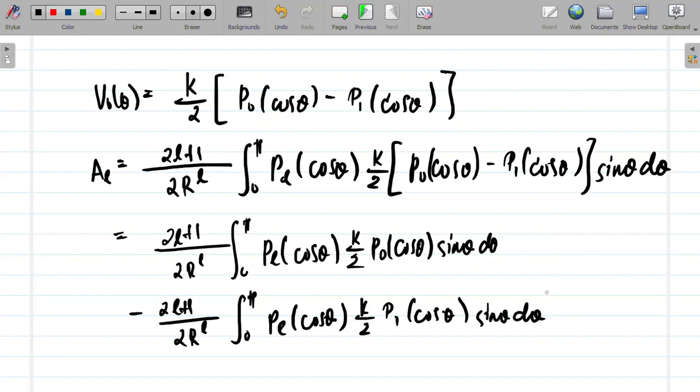So now class, let's determine, di ba maraming L, 0, 1, 2, and so forth. Let's determine for A0. What is A0?